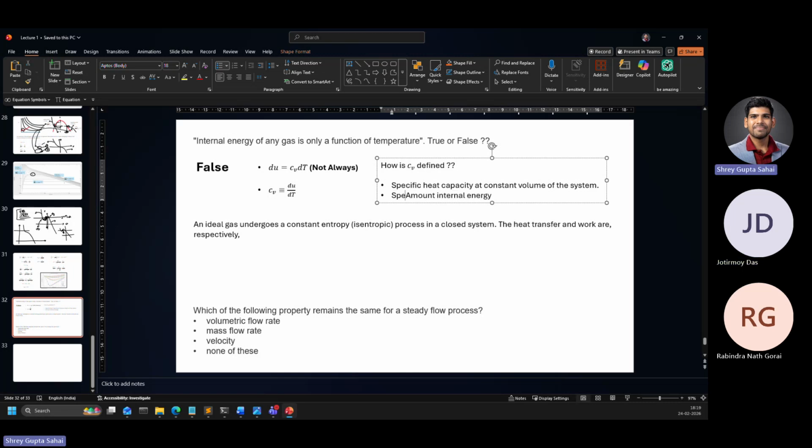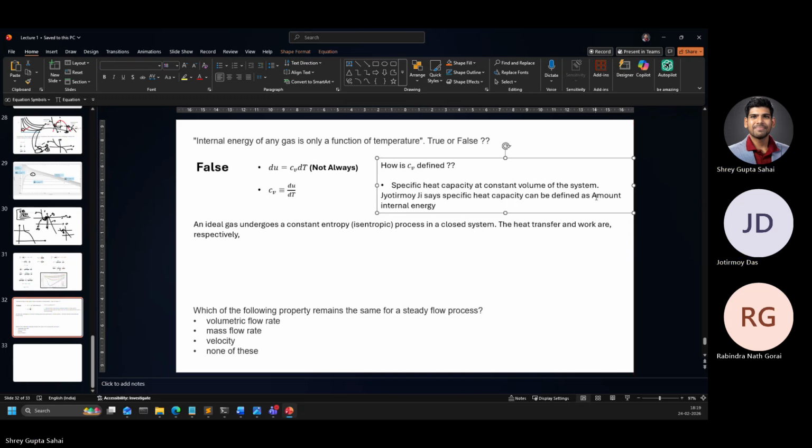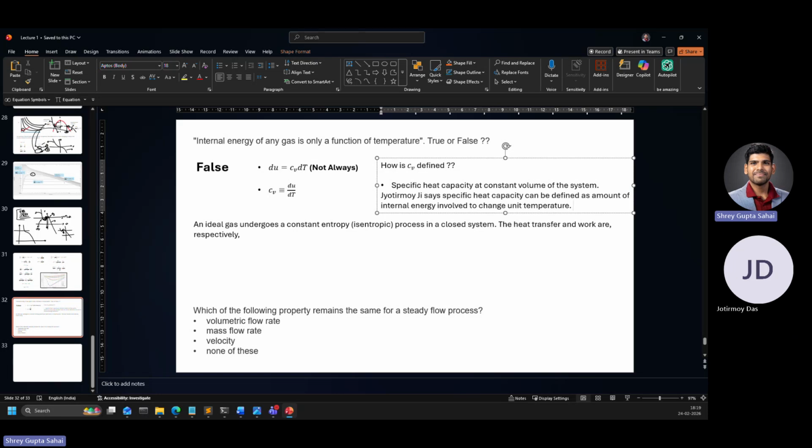So let me say specific heat capacity can be defined as the amount of internal energy required or involved to change unit temperature.